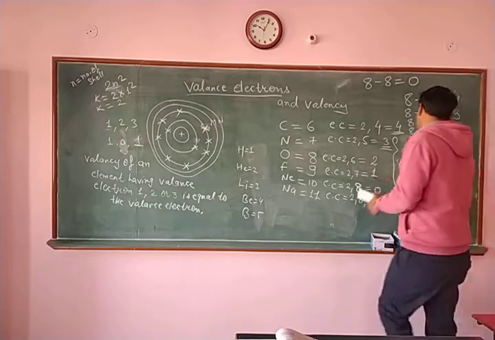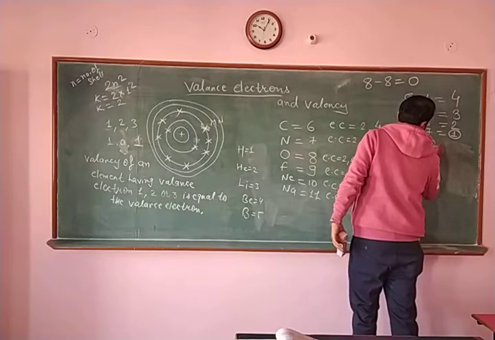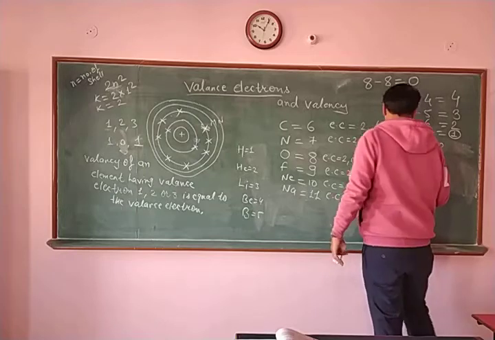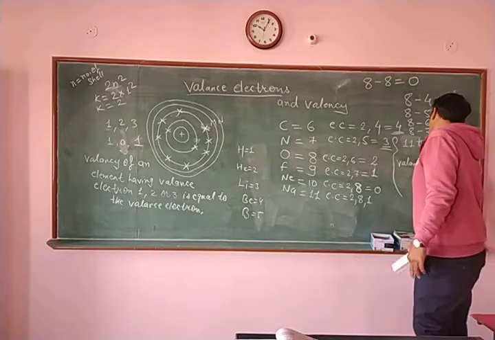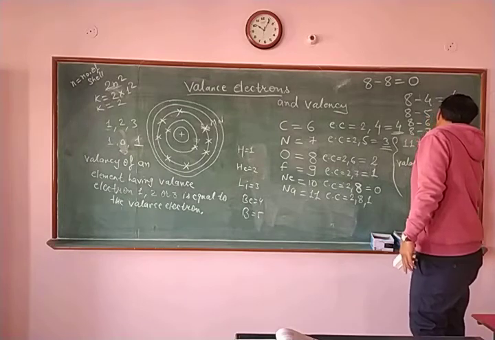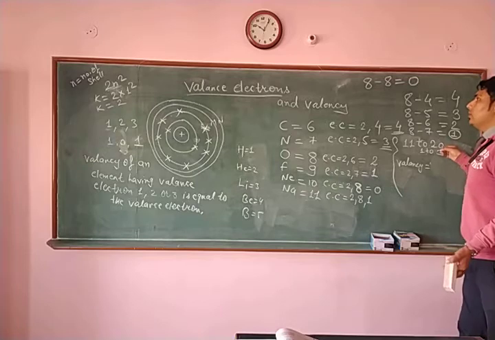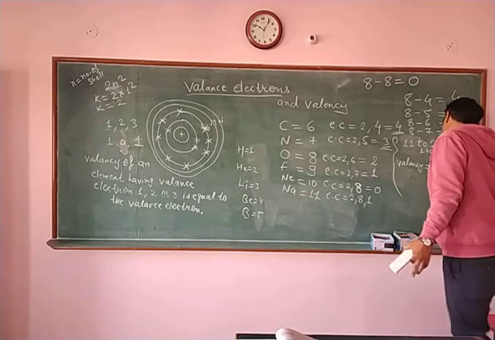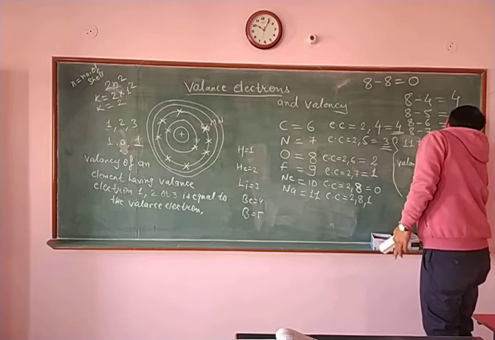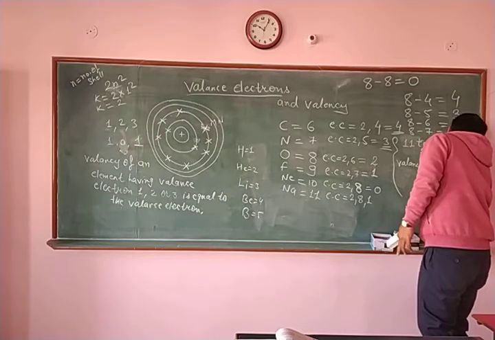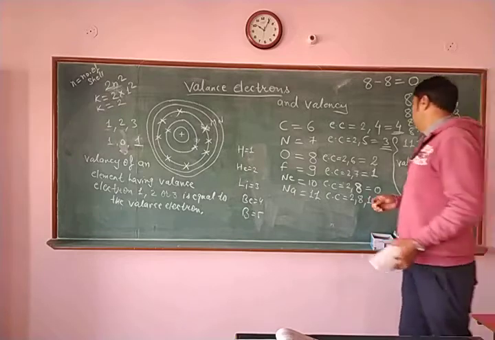Now the rule from 11 to 20: the valency will be equal to the number of valence electrons.